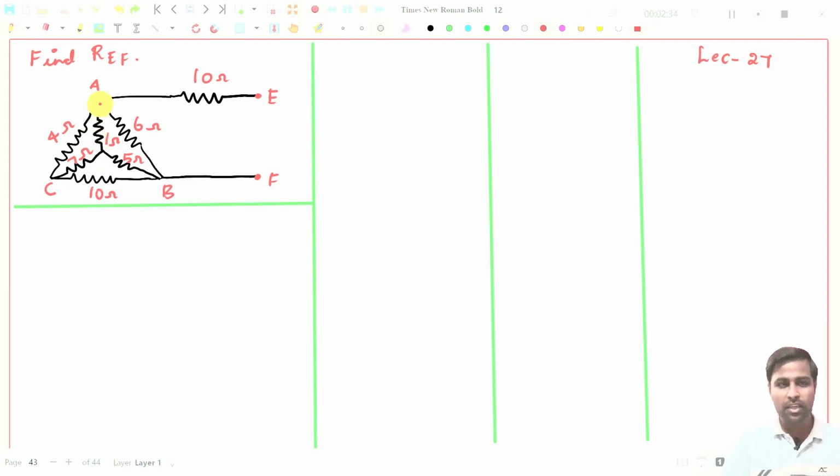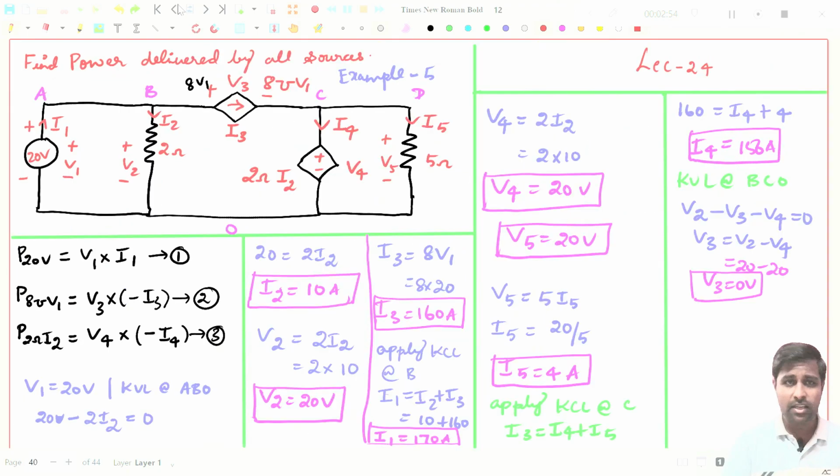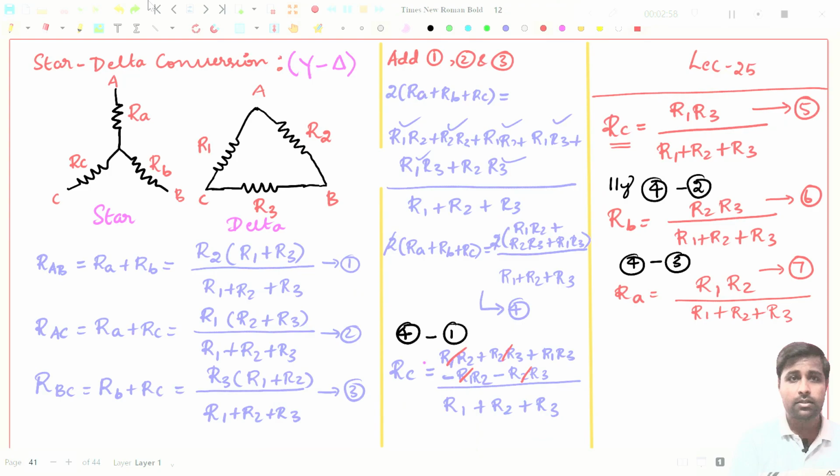Then I will tell you how this circuit looks very easy to find the equivalent resistance, right? I told you already, you have to take this point as A, this point as B, and this point as C. That should be ABC.